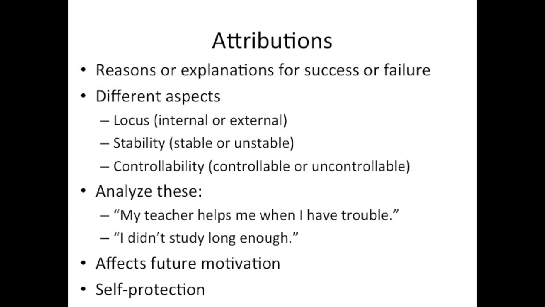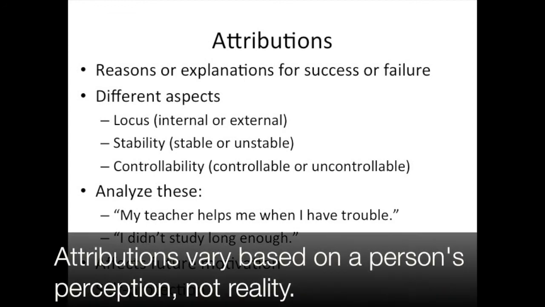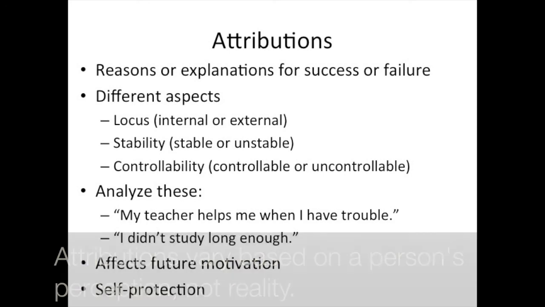Now, you might have a different interpretation of these examples, whether it's internal or external, stable or unstable, controllable or uncontrollable. And that's part of attribution theory. It's not based on what is actually occurring, it's based on the person's perception of what happened.